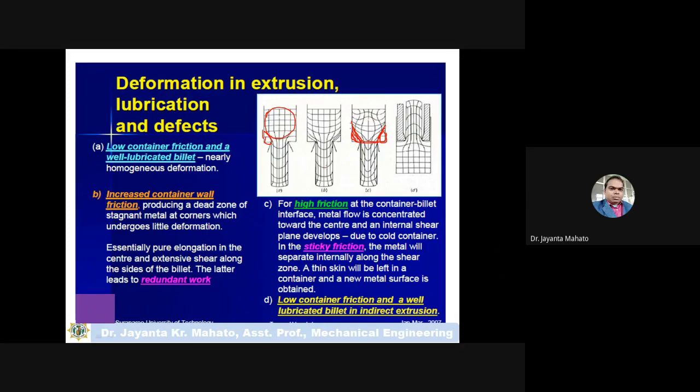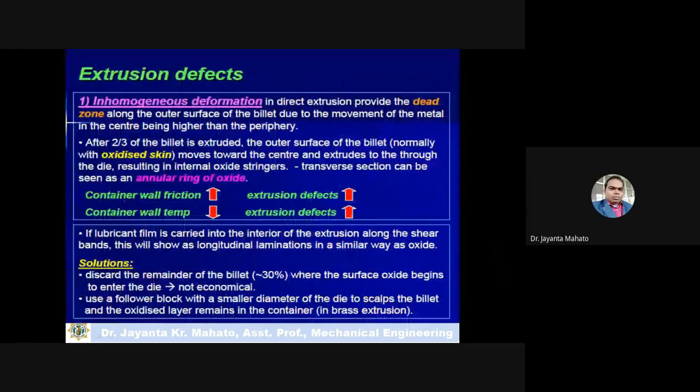So, what are the defects? First is inhomogeneous deformation. Okay. So, if the deformation is not homogeneous, I mean, inhomogeneous deformation in direct extrusion provides a dead zone, that I have told you what the dead zone is, along the outer surface of the billet due to the movement of the metal in the center being higher than the periphery.